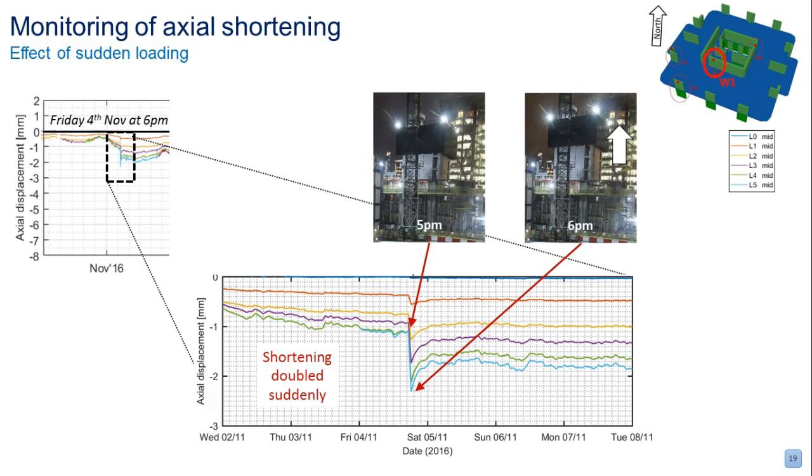The dynamic load would have caused a sudden squashing of the wall in that particular location, which then started recovering immediately afterwards, but it still resulted in about 0.5 millimeter of residual shortening. Remember, here we're talking about 0.5 millimeter over 6 stories, so it's very little still. You can see the power of this monitoring technique, the amount of insight that it can give you.